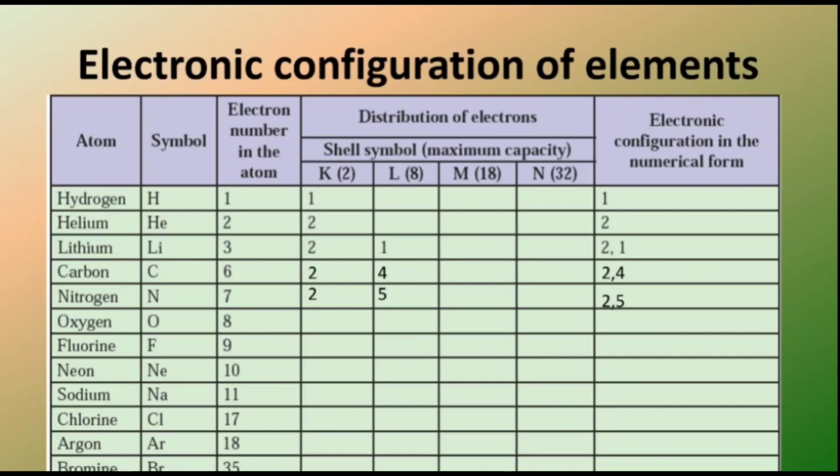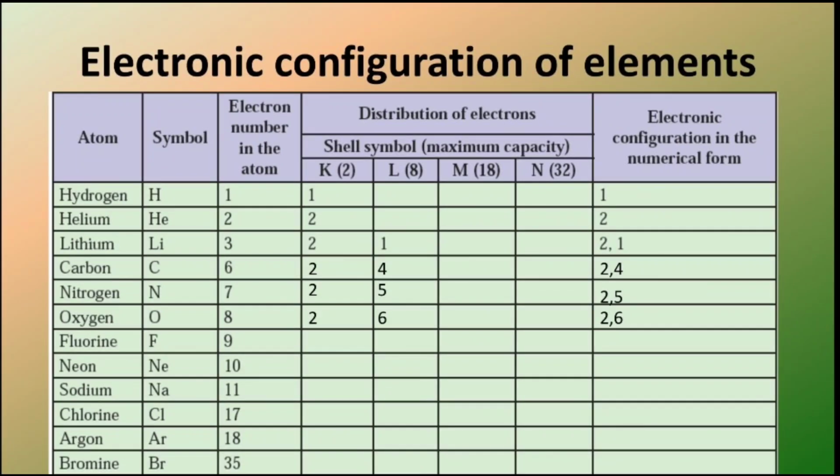So the 7 electrons will get distributed like the K shell 2 electrons and remaining 5 electrons in the L shell. So electronic configuration is 2, 5. Oxygen, atomic number 8, 2 in the first shell, 6 in the second shell. Therefore the electronic configuration will be 2, 6.